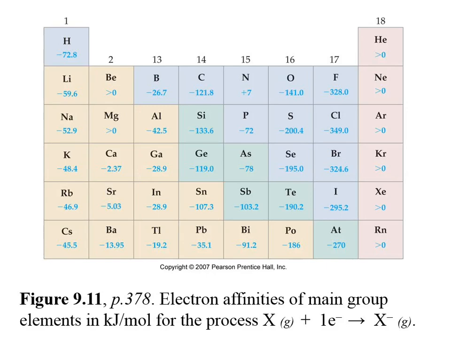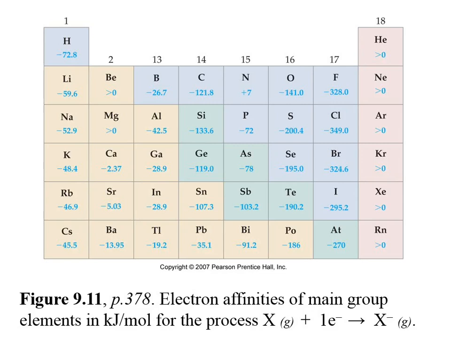Down there at the bottom is, if you need to show on a homework the process of adding electrons and the energy associated with it, this is what that would look like. You take something, it could be a neutral atom or something that's charged, and you add an electron to it. You end up with something that has one extra negative charge.